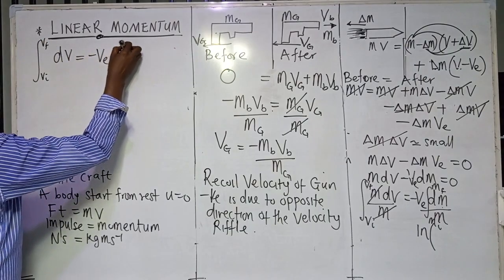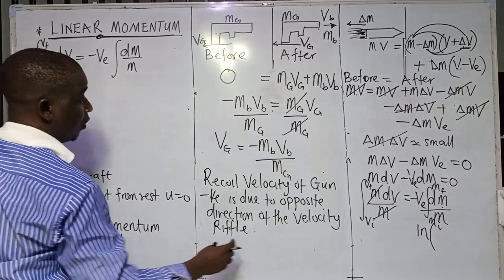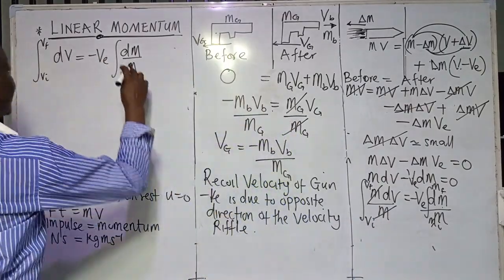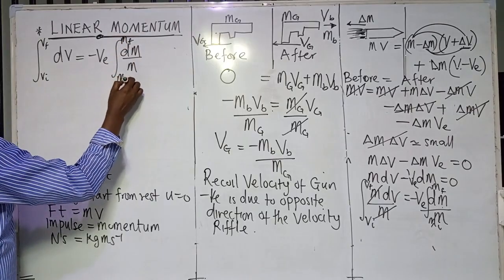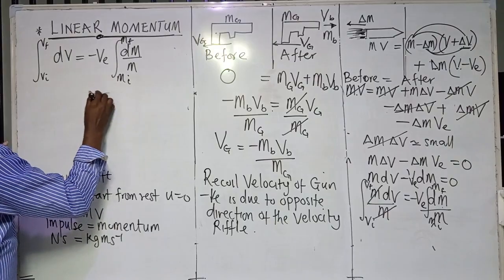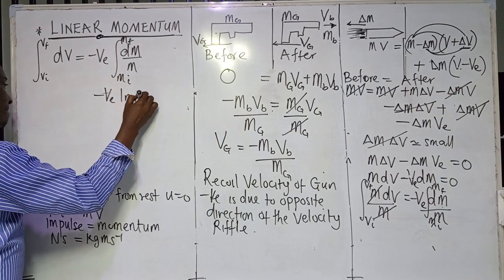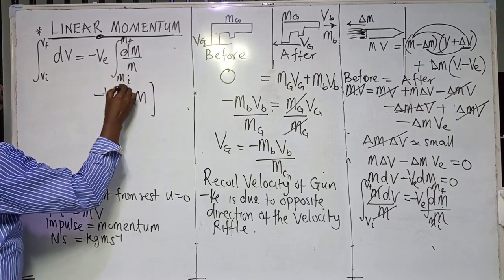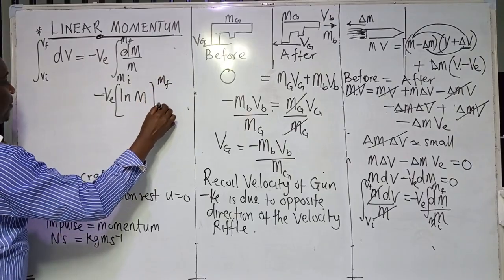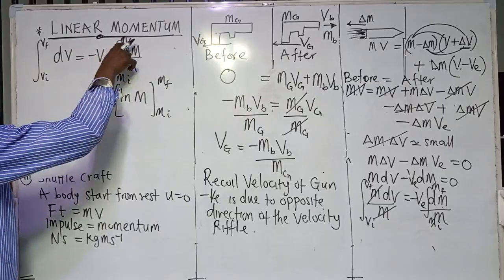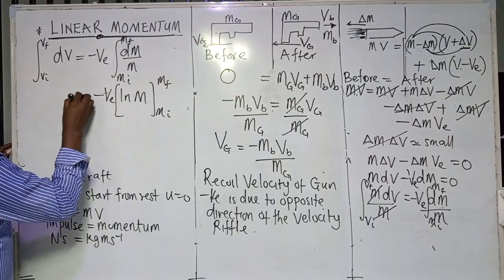Exhaust velocity, then dm over m. If you integrate this one with respect to m, with limits m final and m initial, you are going to have minus exhaust velocity ln m, upper and lower limits. So it equals this one.